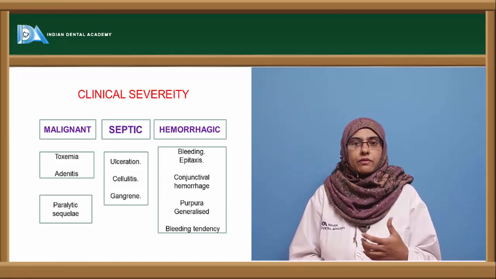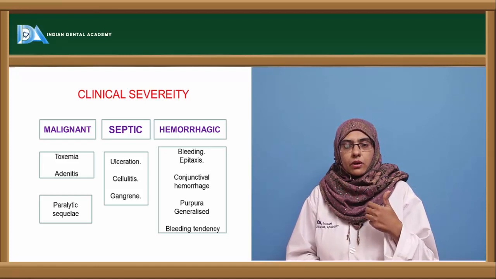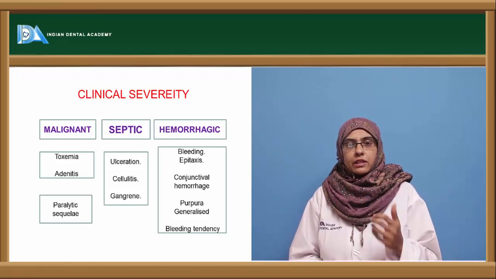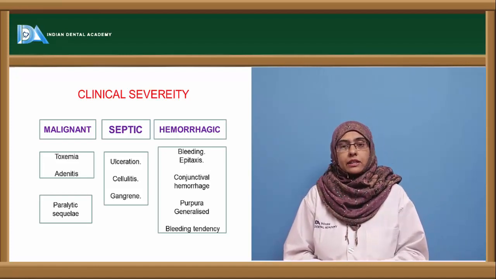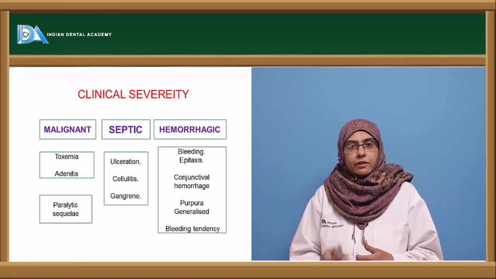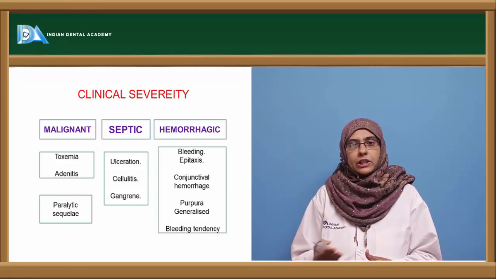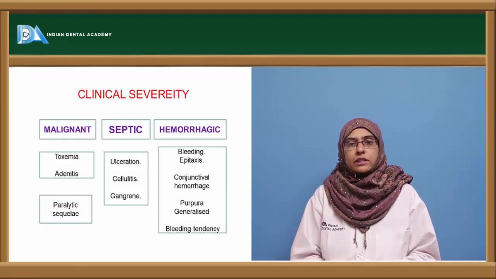The bull neck is usually formed due to the pseudomembrane that forms during the growth of the organism and the release of the toxin, and death usually occurs due to respiratory failure. If the person recovers from this disease, he is more prone to paralytic sequelae, which usually follow this infection.